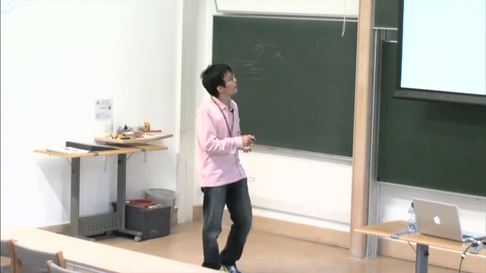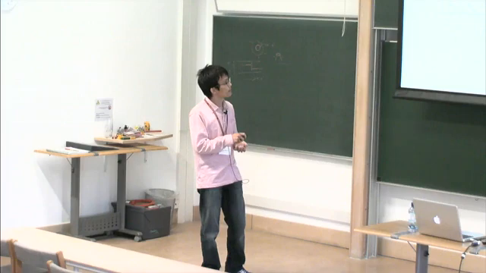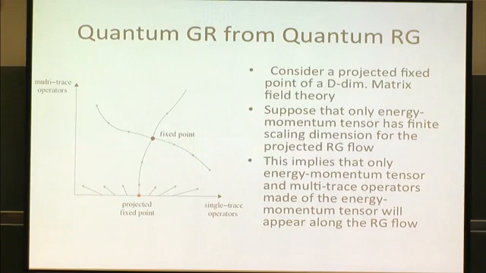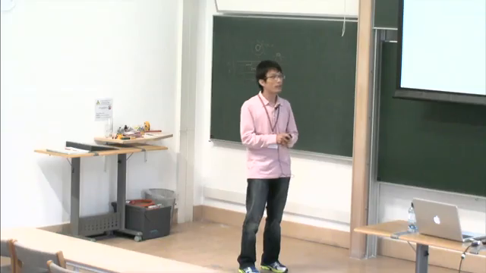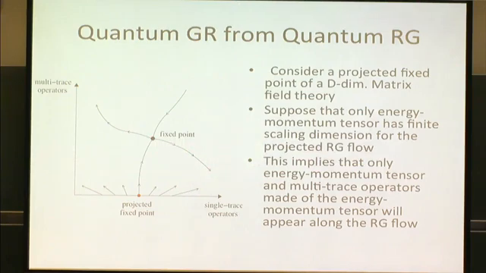And then again, this is the single trace theory, and this is the multi-trace deformation. In general, the IR fixed point of this theory will exist with some complicated multi-trace operators. But instead of thinking about this fixed point, let us consider a projected fixed point. So a projected fixed point means a fixed point for projected RG flow.